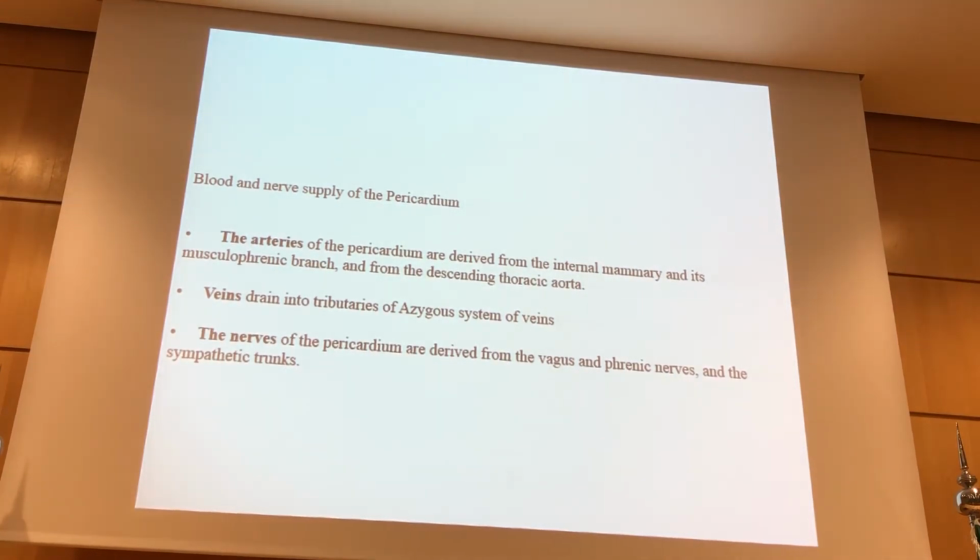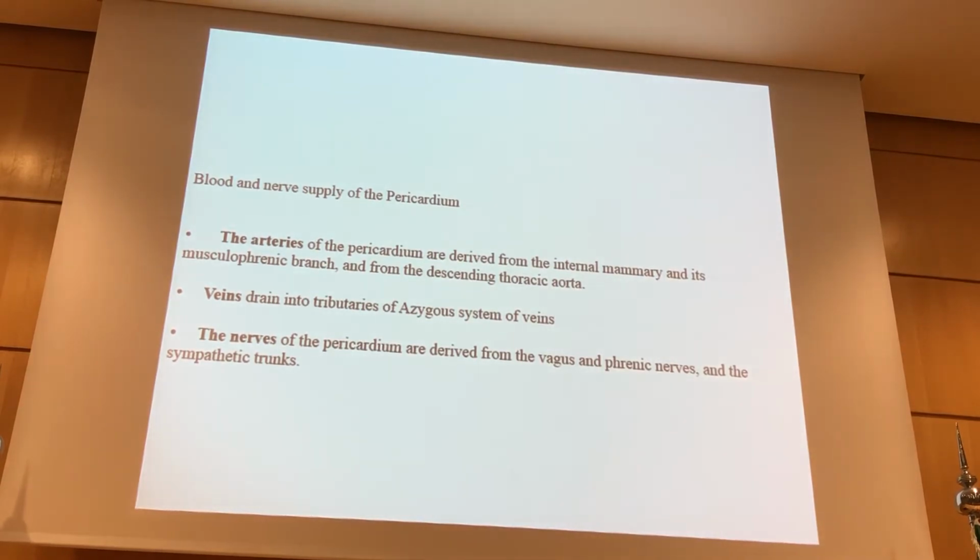When it comes to arteries that supply the pericardium, they come from the internal mammary or internal thoracic, the same name for the same artery. Basically, from the subclavian, we have right and left subclavian. We have two arteries, one on the right, one on the left, descending from the subclavian, behind the sternum.